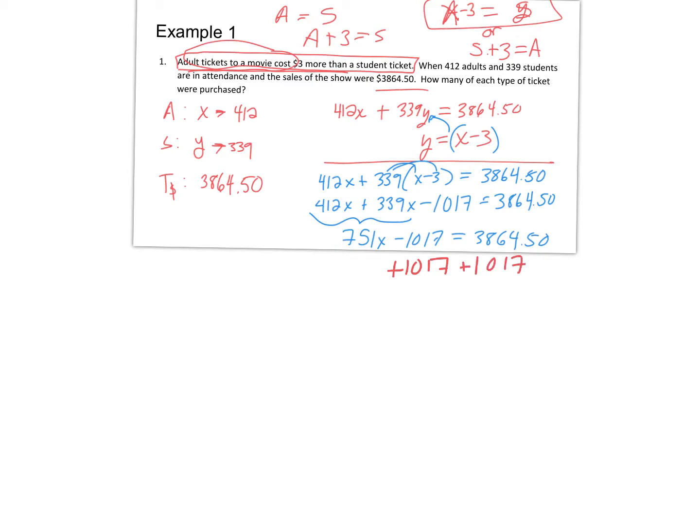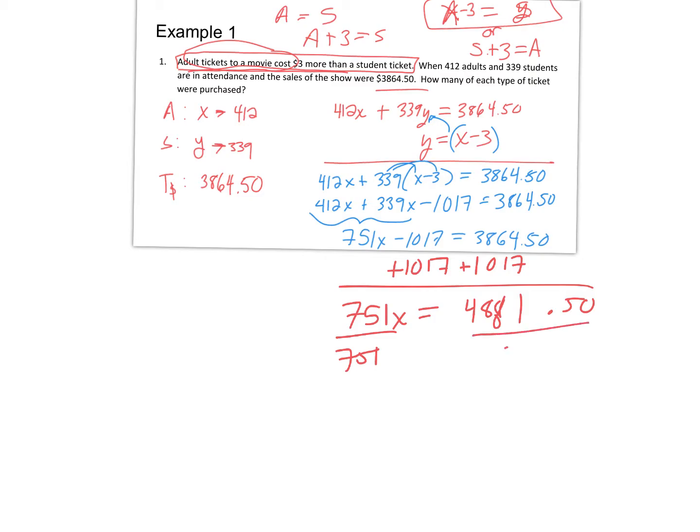Add 1017, so I get 751x is equal to 3,864.50 plus 1017, which gets 4,881.50. We divide by 751. So x is equal to, I get x is equal to 6.5. So that means adult tickets are $6.50.